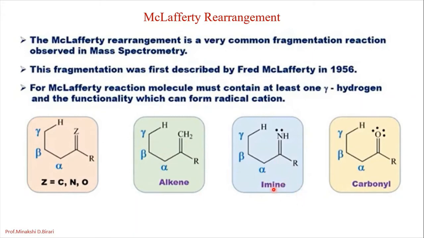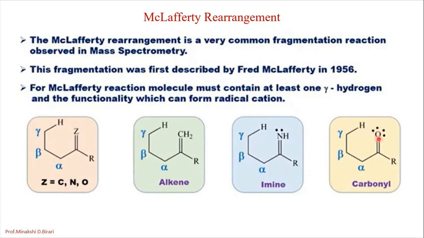Second example, that is imine. Lone pair of electrons are present, double bond, that is pi electrons, are also present, and there is the presence of gamma hydrogen. So imine can also satisfy these conditions to undergo McLafferty rearrangement. Next example, the carbonyl group. There are also pi bonds, pi electrons, and gamma hydrogen is present. The heteroatom is also there.